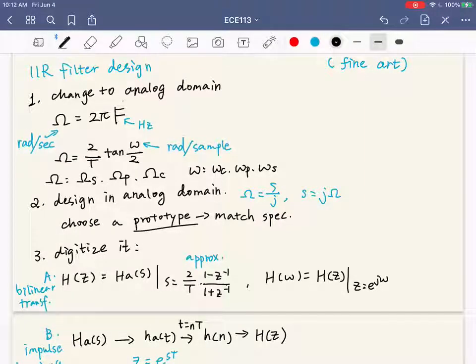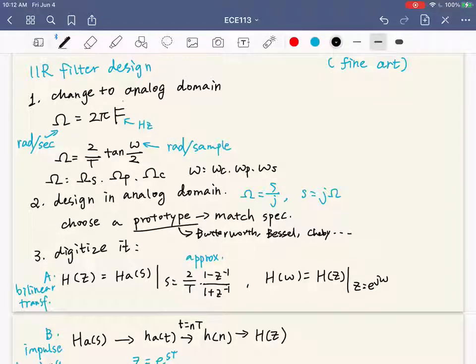Does that make sense? Cool. So the prototype basically means the types of your filters. For example, the Butterworth we discussed before, and the Bessel, and the Chebyshev, and so on. All of them have their equations listed in the lecture notes, and there are also figure comparisons about their differences.